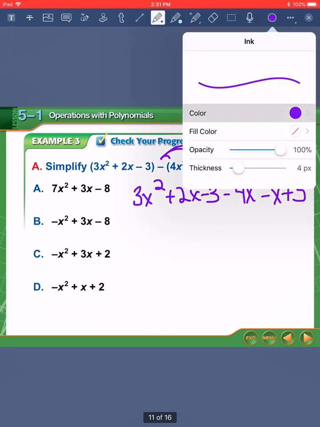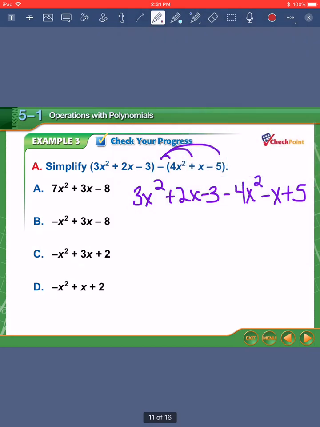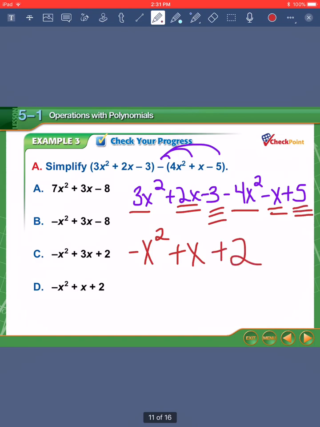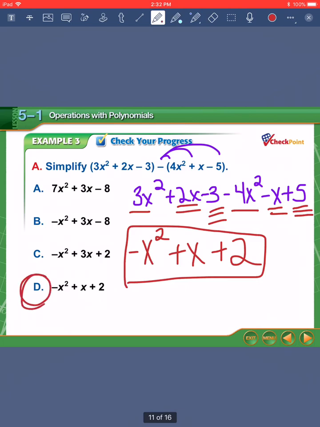I'm going to combine my like terms now. So 3x squared and negative 4x squared make negative x squared. 2x and negative x makes positive x. And then negative 3 and positive 5 make positive 2. So we get negative x squared plus x plus 2.